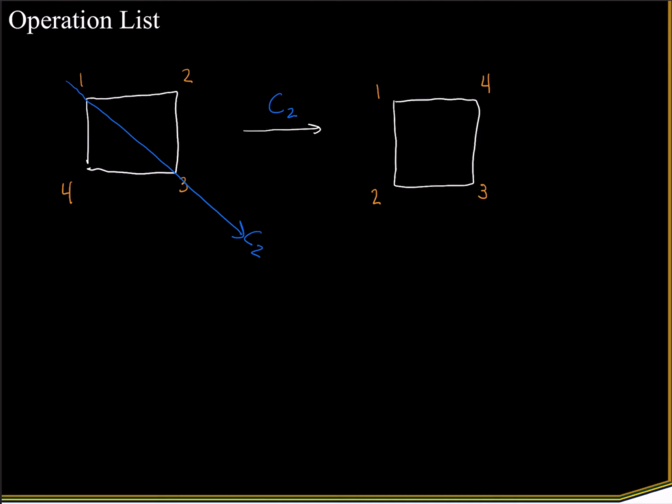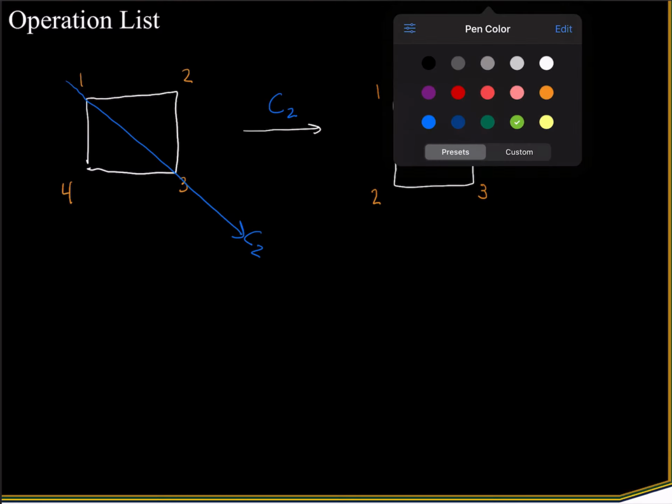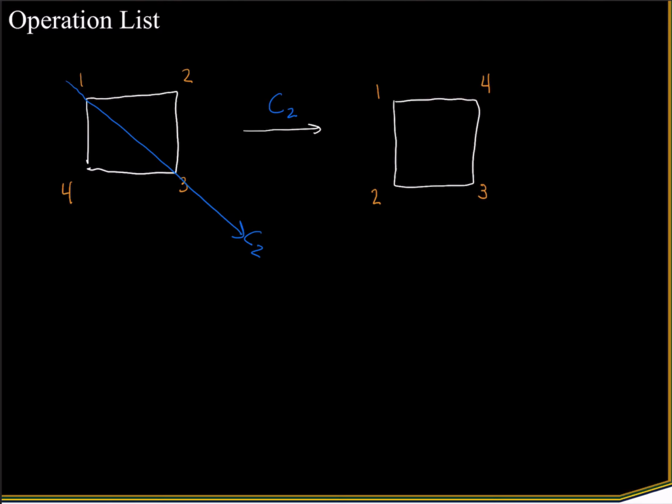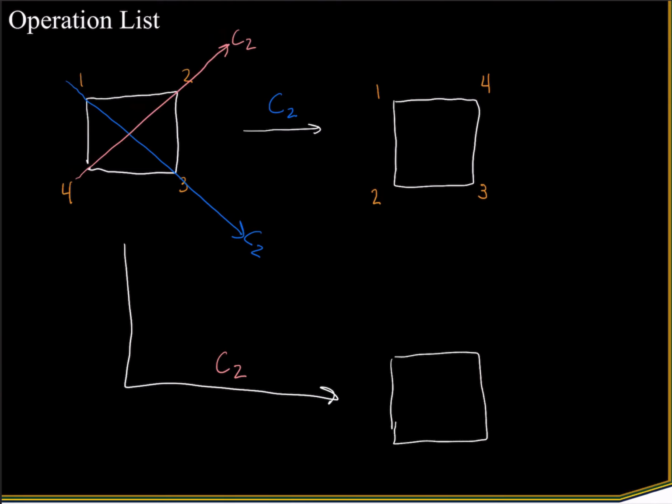Similarly, we could imagine another C2 that's analogous, that goes from 4 to 2. This is a different C2. If we were going to perform this operation, we end up with a structure where 4 and 2 have not switched places.